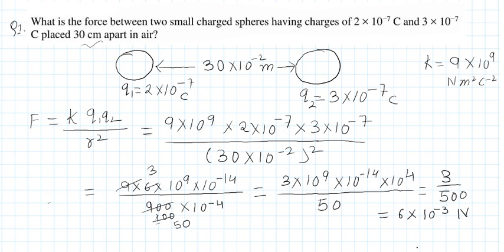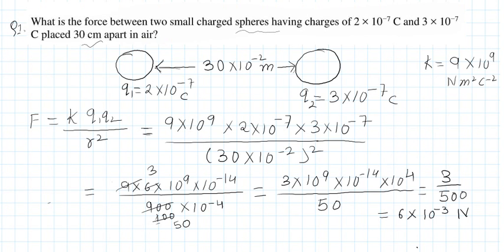So the magnitude of the force acting between both spheres is 6 into 10 to the power minus 3 Newton, and both are positively charged spheres. As we know that like charges repel each other, the nature of the force will be repulsive.